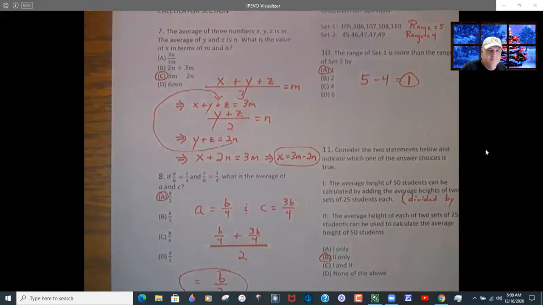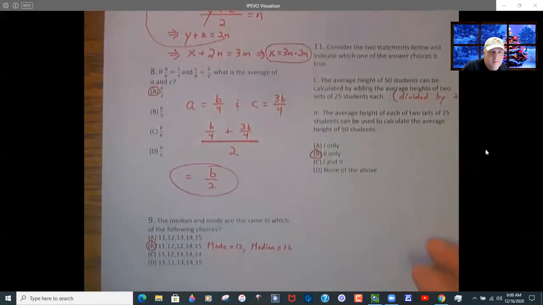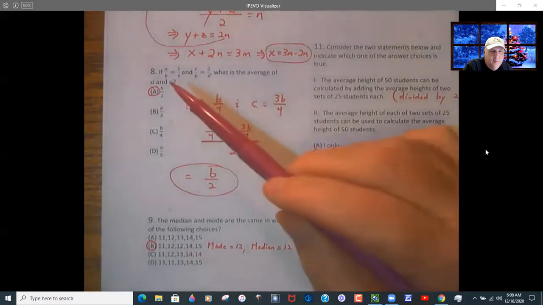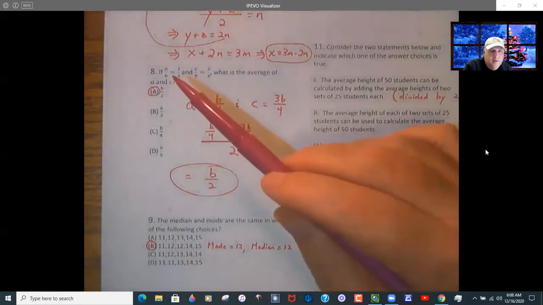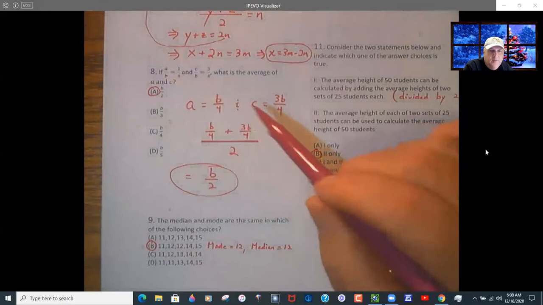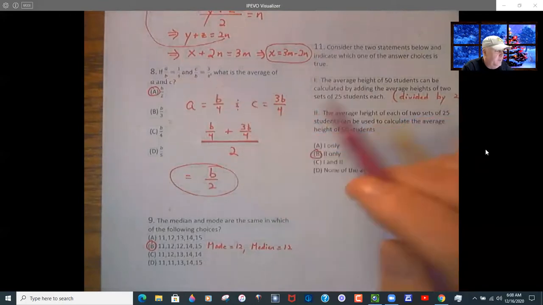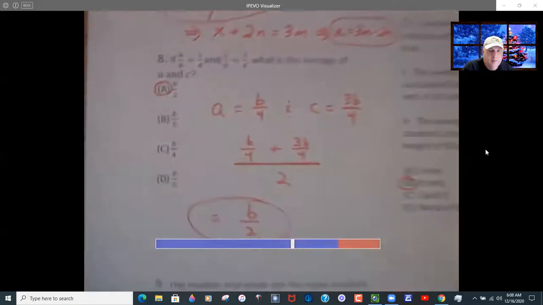Crazy stuff with statistics. So A over B is 1/4, and C over B is 3/4. What's the average of A and C? So you got to solve for A and C. And so A is B over 4, multiply both sides by B, and C is 3B over 4, multiply both sides by B. Let me zoom in a little bit here.